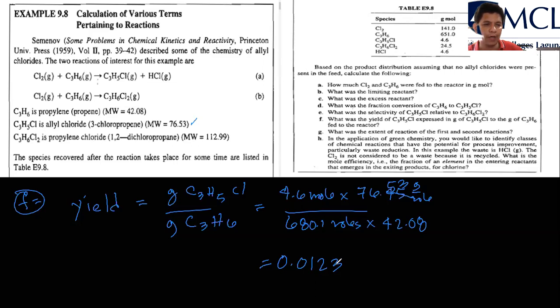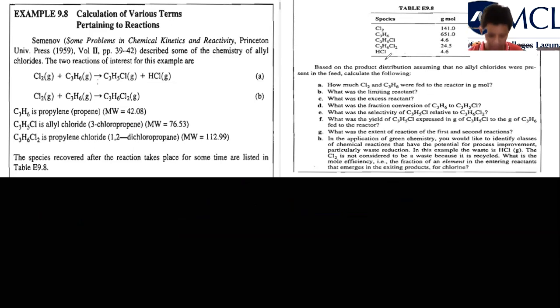For the first reaction, we're going to use the values for C3H5Cl. Initially, C3H5Cl is not present, or zero. And then after the reaction, you have 4.6 moles. Let's clear this up. Do you still remember letter G?